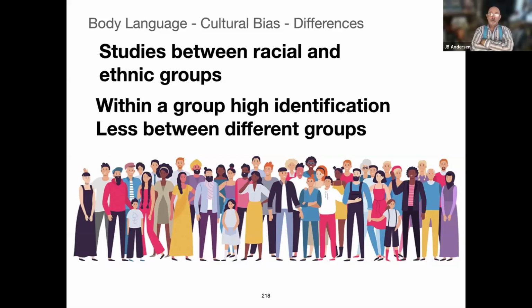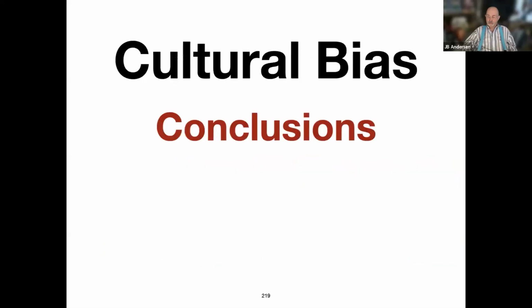So within a group, generally there's high identification for body language. Between different groups, racial groups or ethnic groups, religious groups, there tends to be differences that some people can't figure out. So kind of an argument for it's not biological.